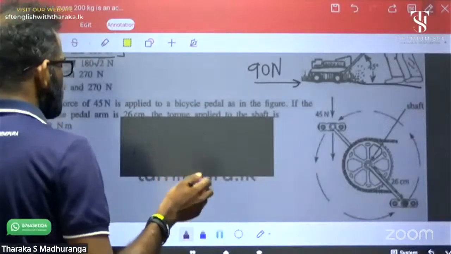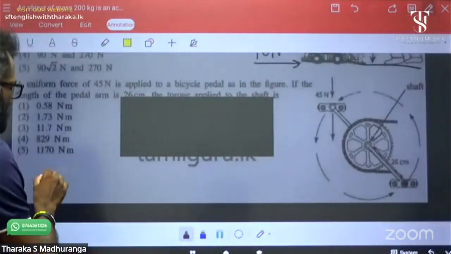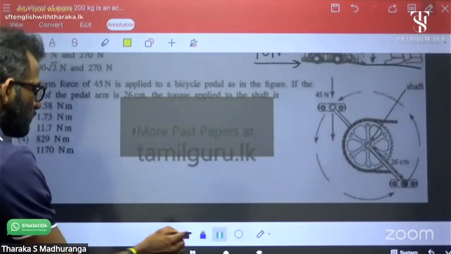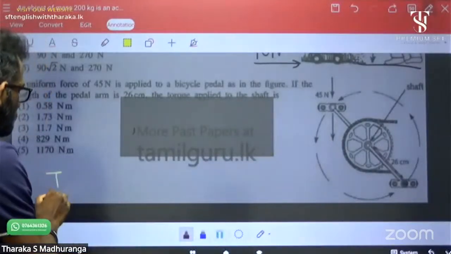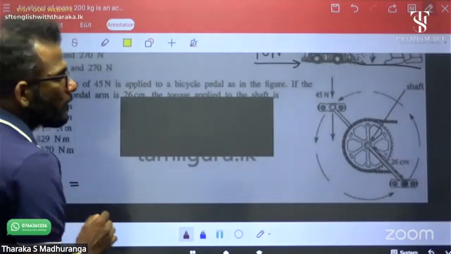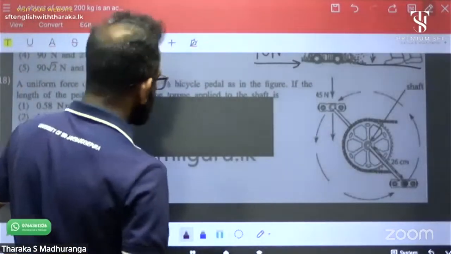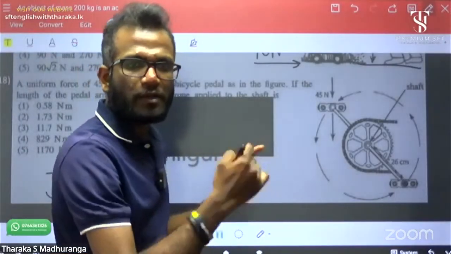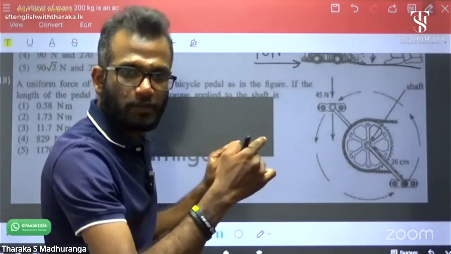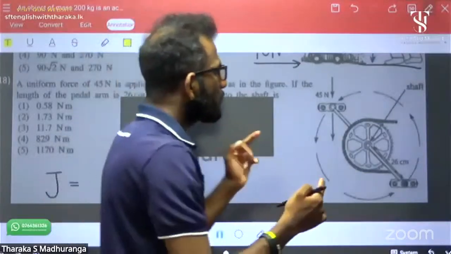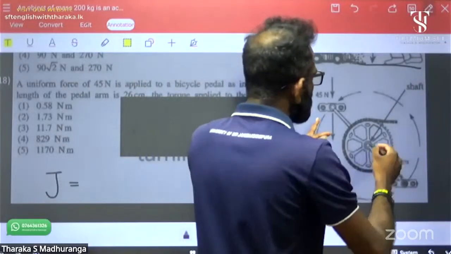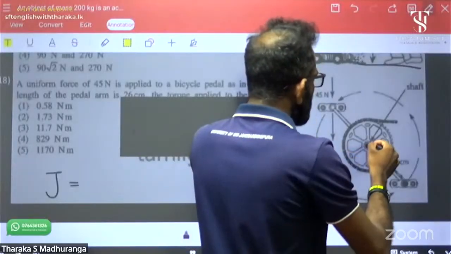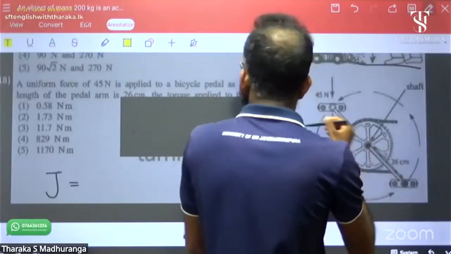The torque means the moment of force, which equals force multiplied by the perpendicular distance between the force and the fixed point. This is the fixed point.